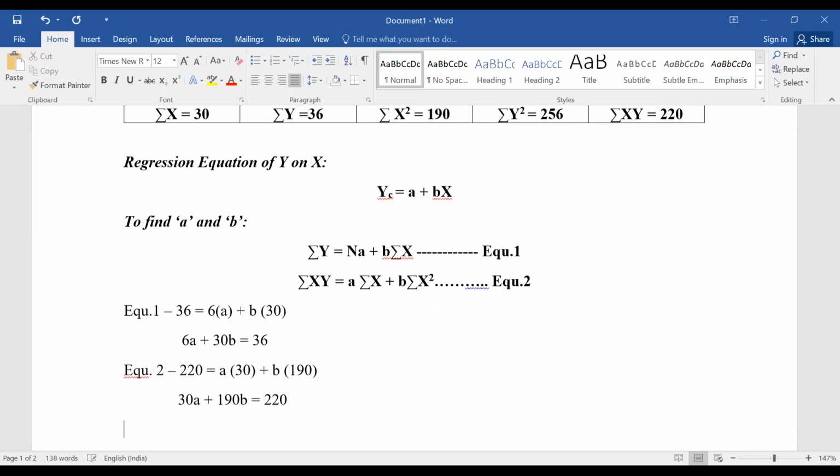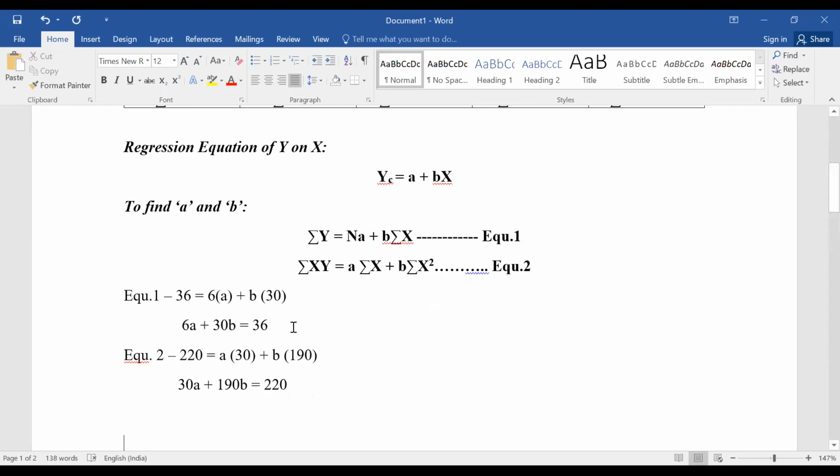Now, how to solve these equations? Take the first as equation 1a and this as equation 2a, and now we have to solve them.